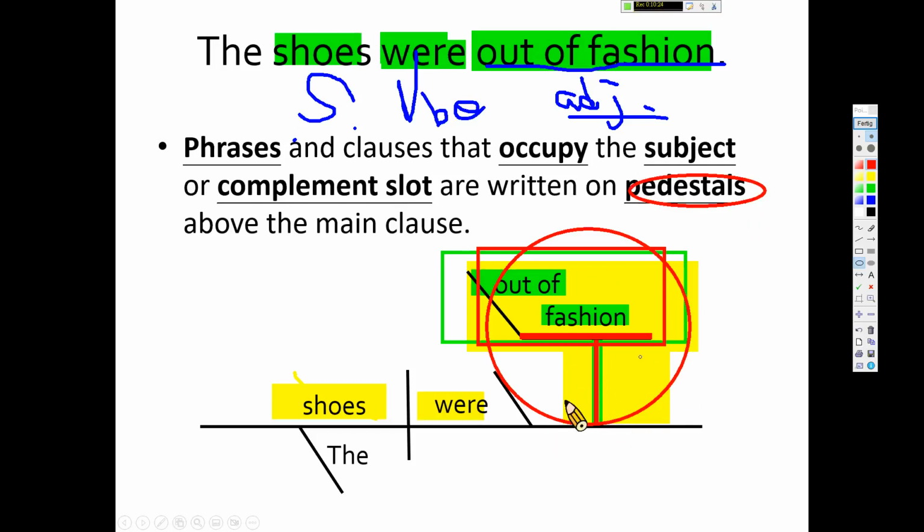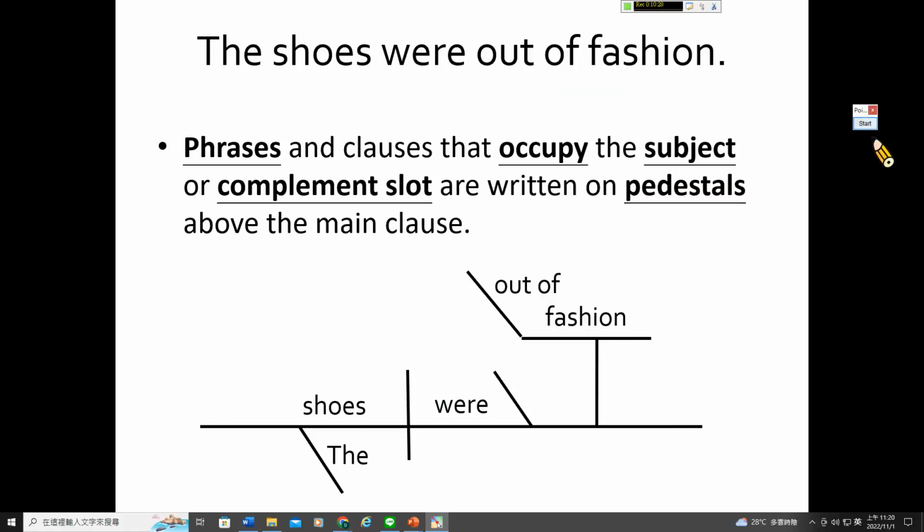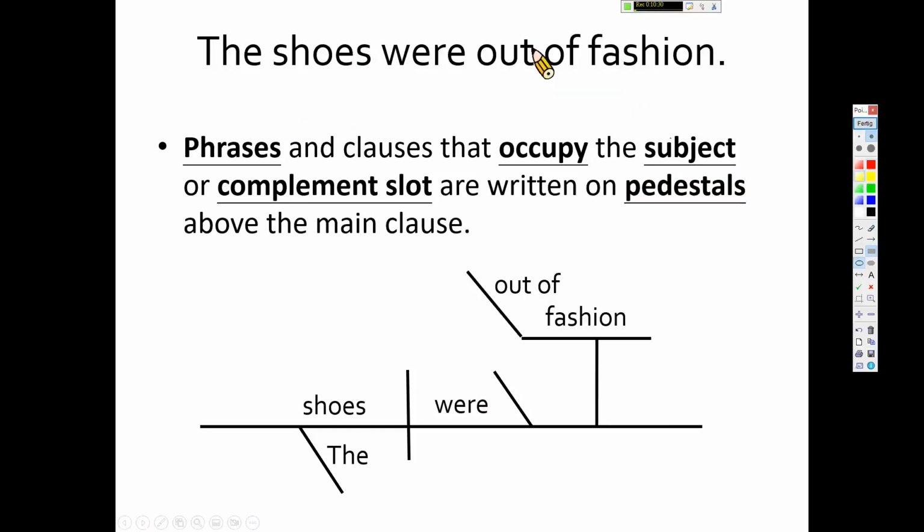Okay, so this is the way we know this one is a subject complement. You cannot just simply write over here, say, out of fashion. No, we cannot just write over here, because out of is a preposition.